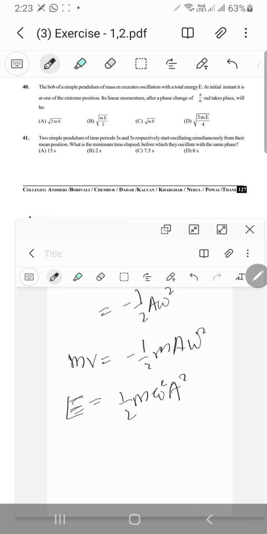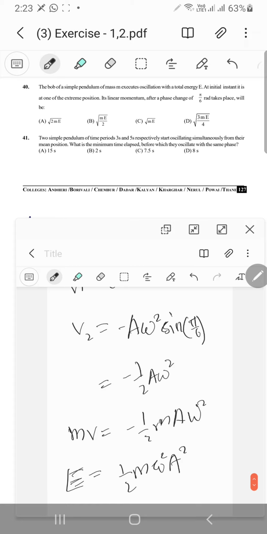Alright. So we want this in terms of m and E. And omega? No, not omega. But this is gonna be different in that case. That's not nice. It's just not making sense.